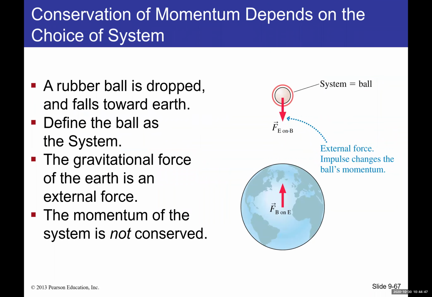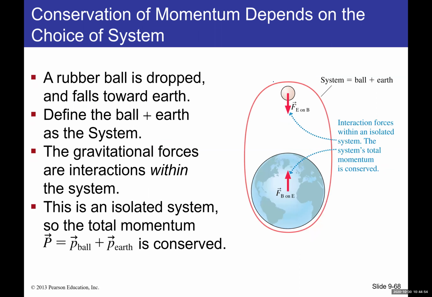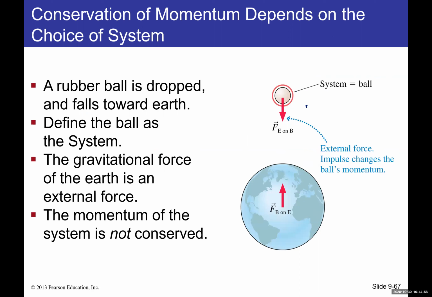Conservation of momentum, as I said, depends on the choice of system. If you take a ball to be your only system, then the force it has from Earth when it's being dropped will be considered an external force, and it will change the momentum of the ball.